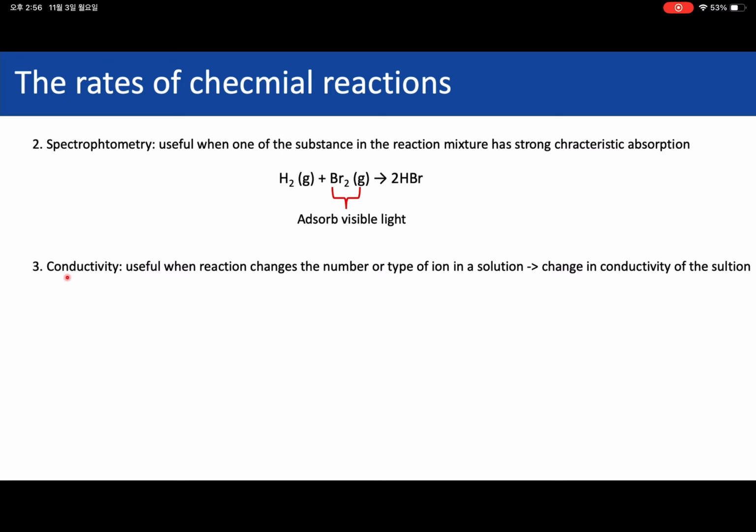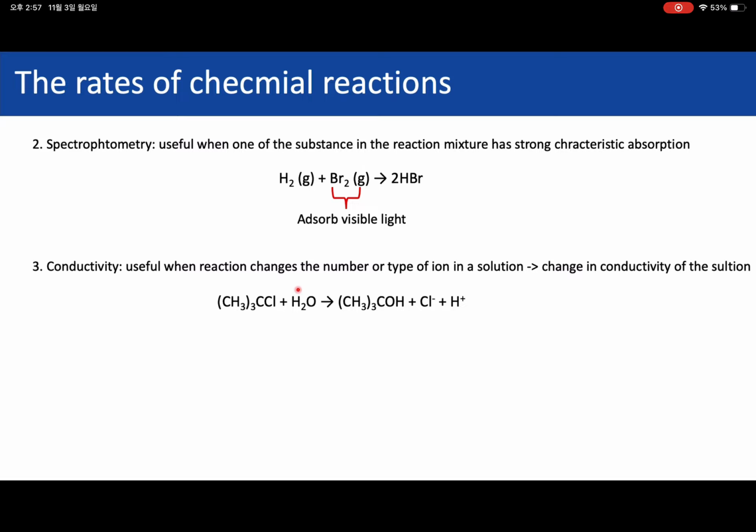So this conductivity method is useful for the liquid solution phase, containing some molecules that can be ionized. Since the number or the type of these ions will change upon the chemical reaction, it will change the overall conductivity of the solution.